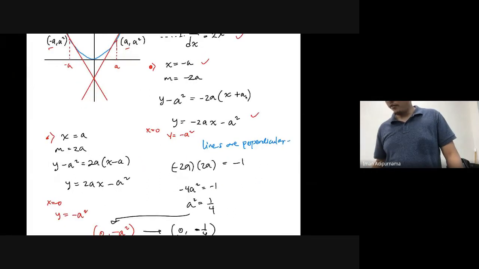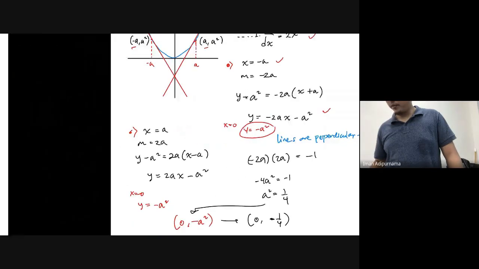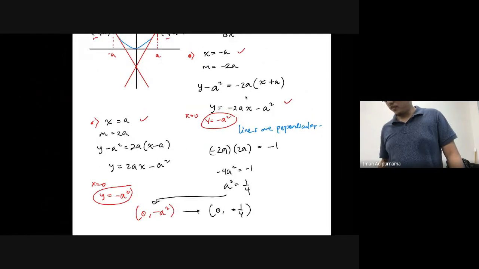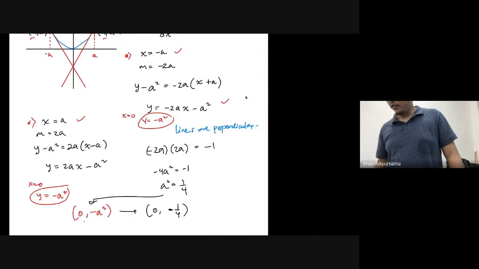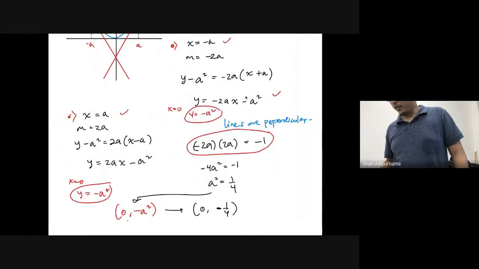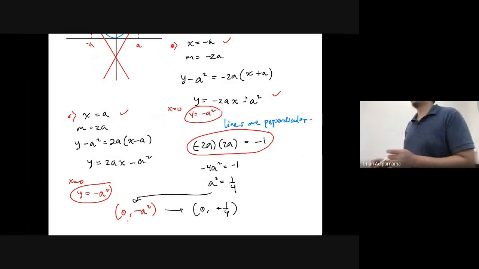And then when x is 0, your line is just -a squared. And check with the positive a. The same thing, 0, -a squared, okay? And then because it's perpendicular, a squared is 1/4. That's why the answer will be 0 and -1/4.